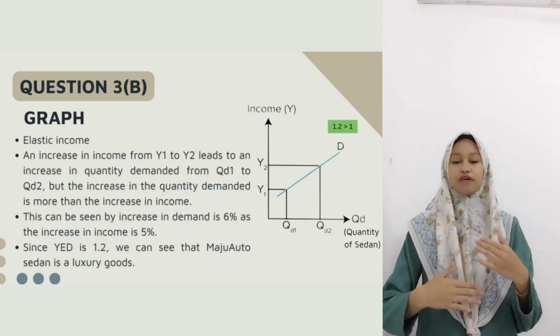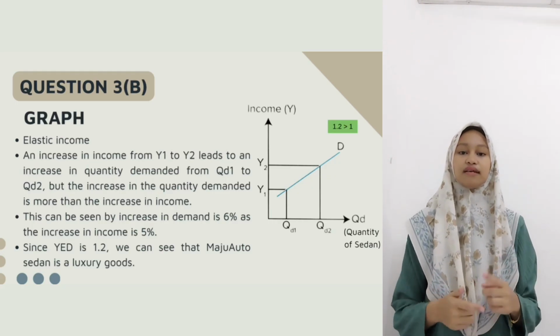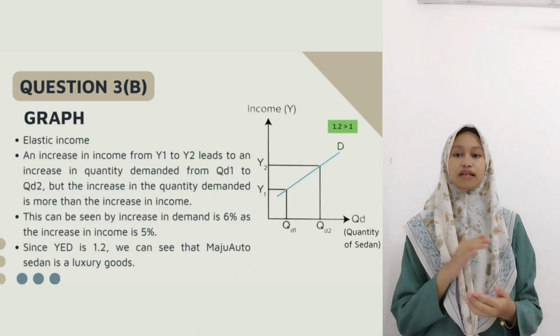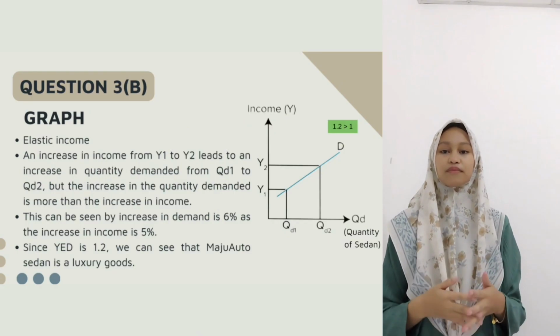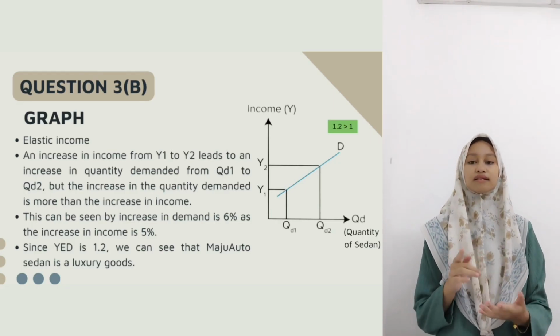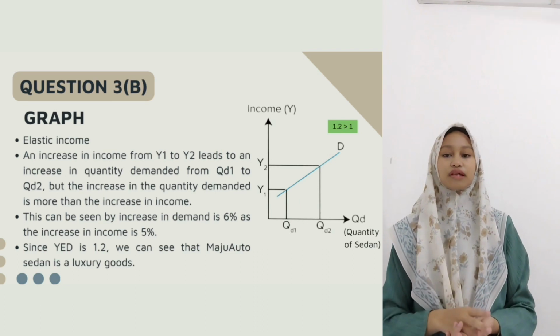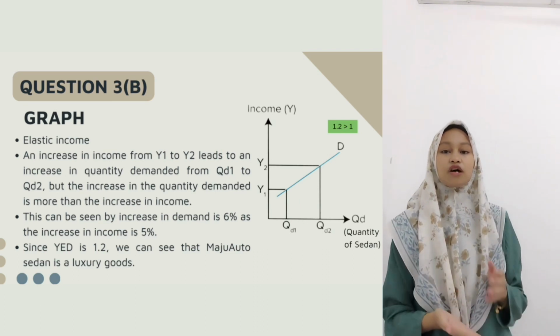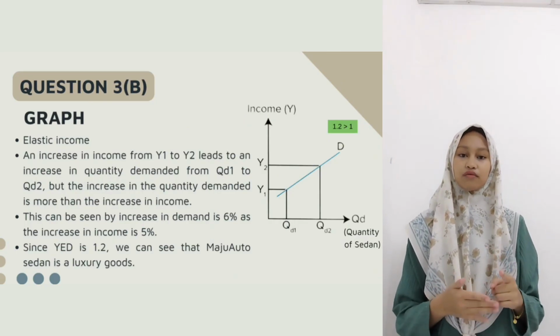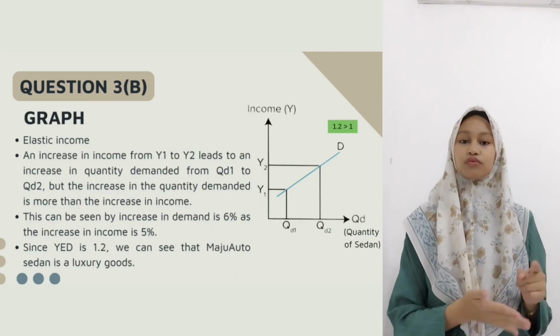So, from the graph, we can see that an increase in income from Y1 to Y2 leads to an increase in quantity demanded from QD1 to QD2. But the increase in the quantity demanded is more than the increase in income. So that's why YED is more than 1, which is 1.2.